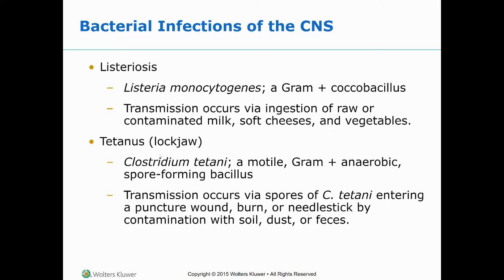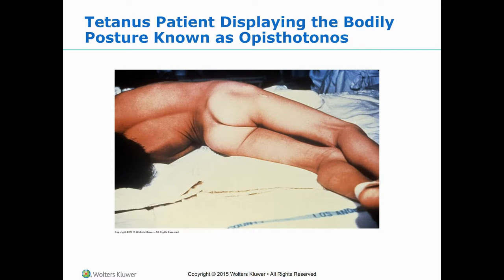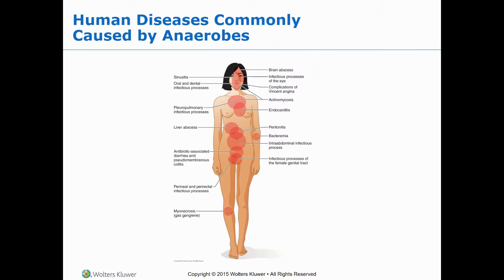It usually occurs through a puncture wound with contamination from soil that's been contaminated by tetanus. And this is someone who has had the tetanus situation, where they almost get contorted into a weird position.